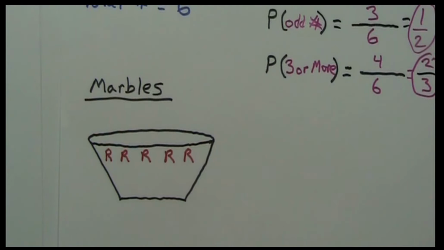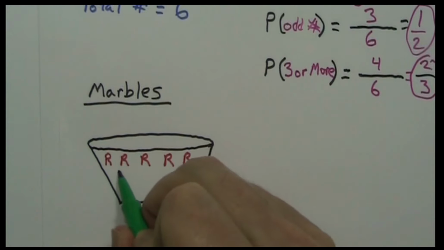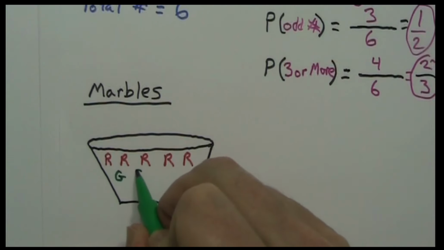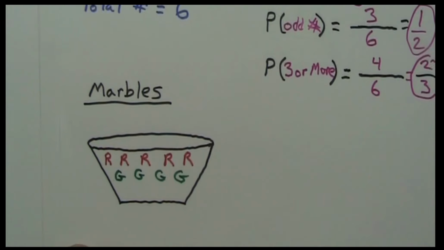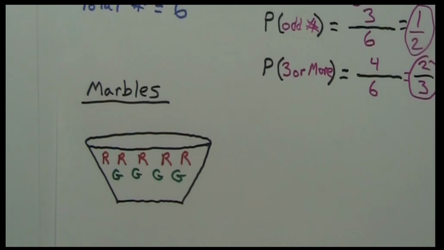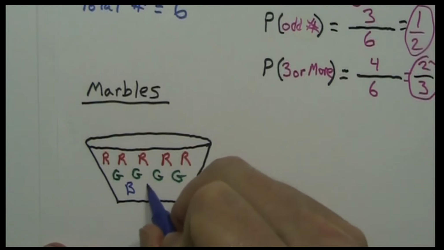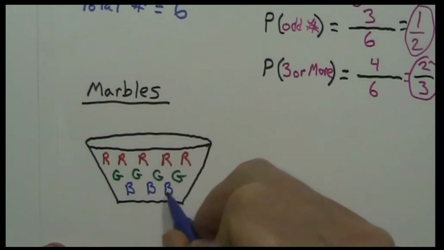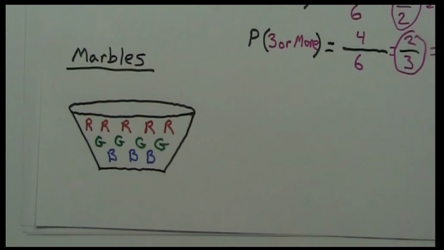And then we have G for green. There are 4 green, and let's say there's 3 blue. And we're going to pull some out at random, and we're going to find out the probability of doing that.